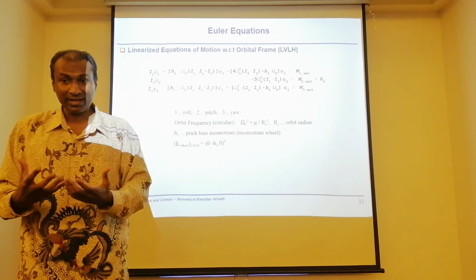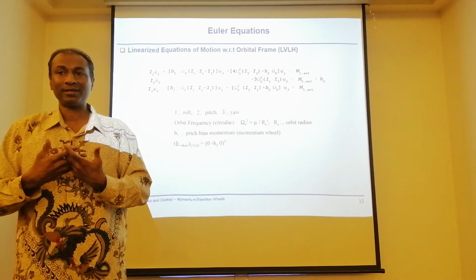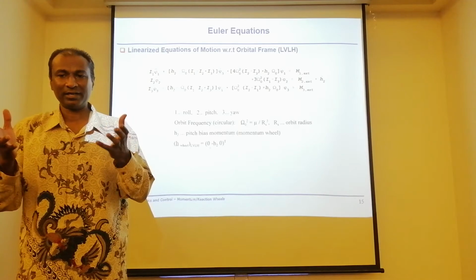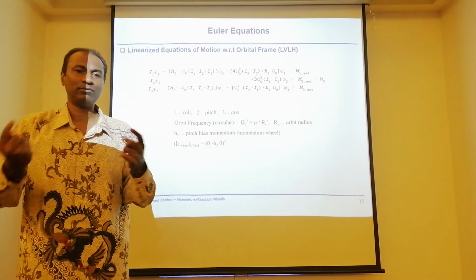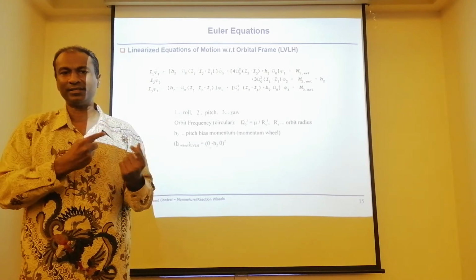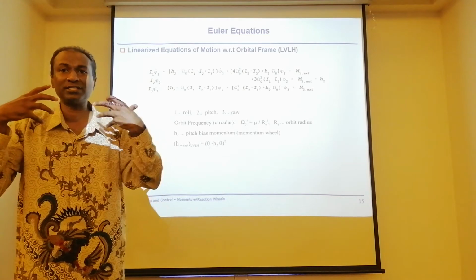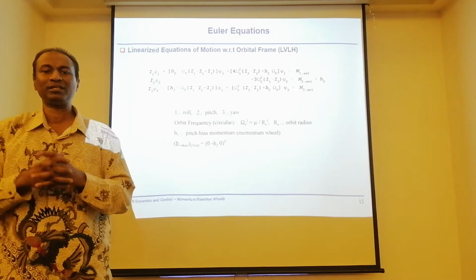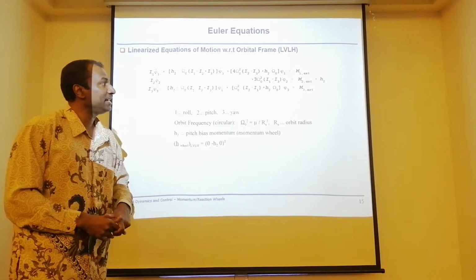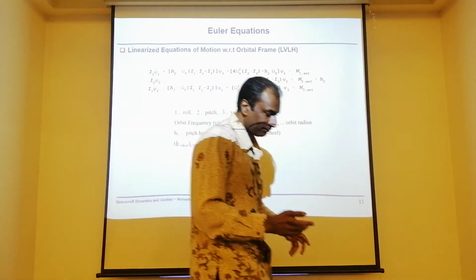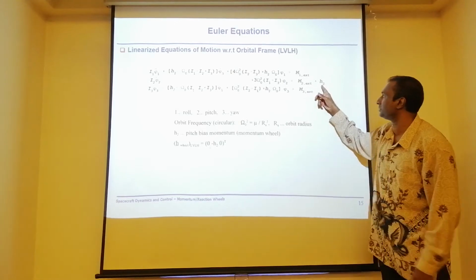We have been using that, and we have also treated this Euler equation when we were designing the magnetorquers control. Now we can use the same Euler equation that we have developed to incorporate another term, which is the angular momentum term. This one.